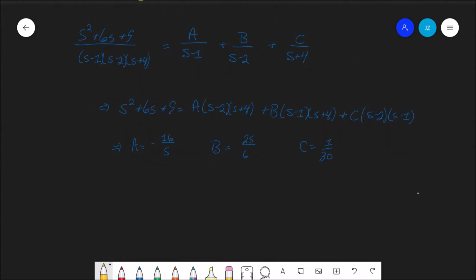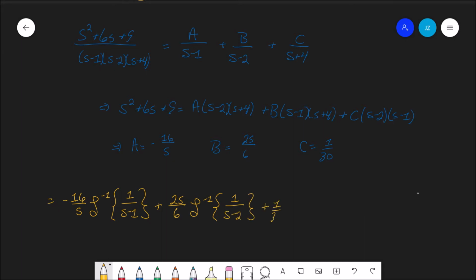So our Laplace transform can now be written as negative 16 over 5 inverse transform of 1 over s minus 1 plus 25 over 6 inverse transform of 1 over s minus 2 plus 1/30 inverse transform of 1 over s plus 4.